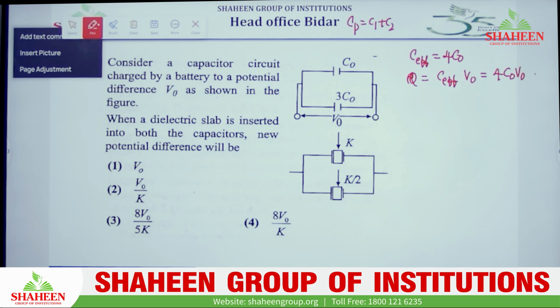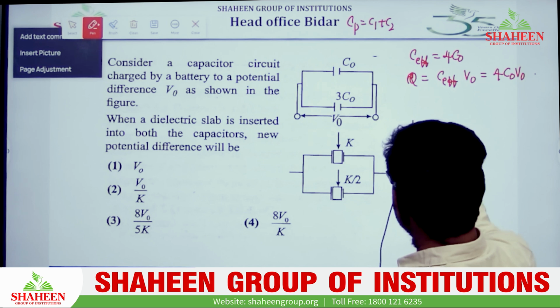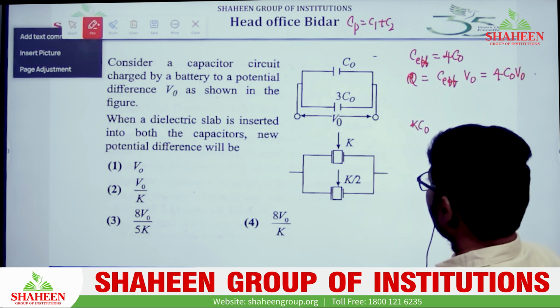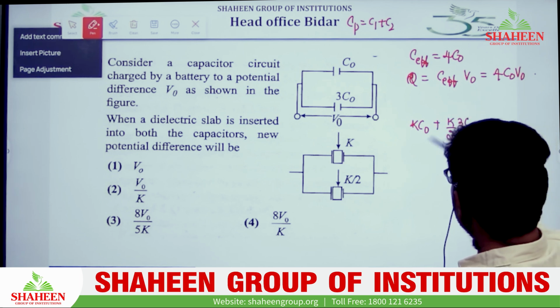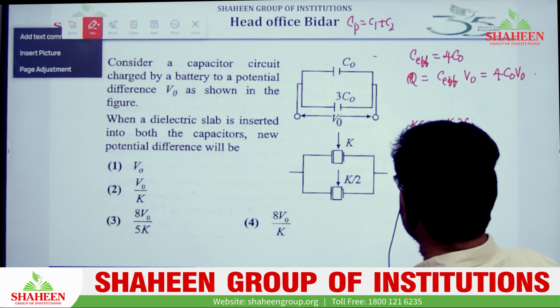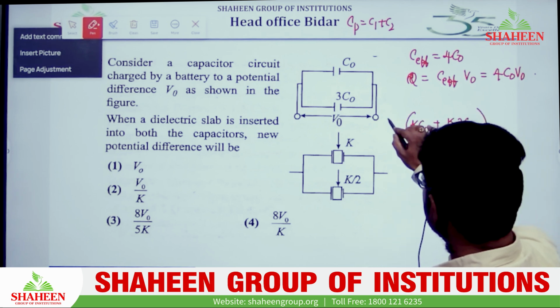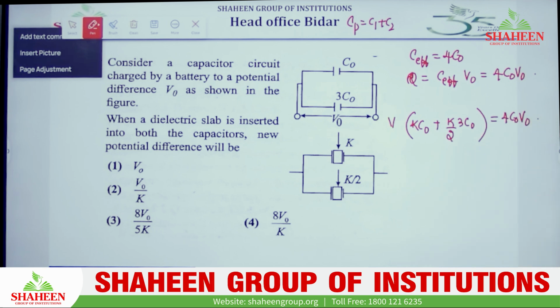In the second case, the total charge will remain the same, but here what do we do? What is the effective capacitance? When dielectric constant K is placed, this one's capacitance is K times C naught, and this one's capacitance is K by 2 times 3 C naught. The new potential difference is asked. So this is the new potential difference V dash, or V. CV is equal to 4 times C naught V naught.